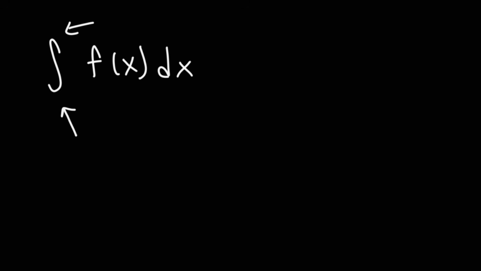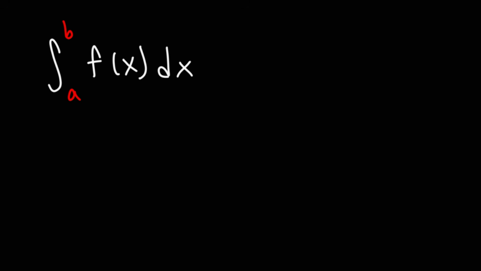So now that we talked about indefinite integrals, let's talk about definite integrals. So this right here is an indefinite integral because you don't have the limits of integration. But once you include the limits of integration, the lower limit and the upper limit, you now have a definite integral.